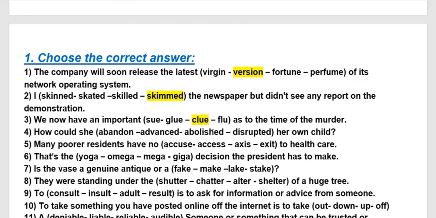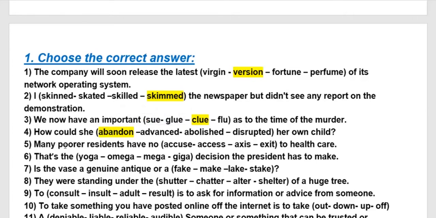Distribute, to hand out or to divide. Abandon here means, how could she let down or give up her own child?